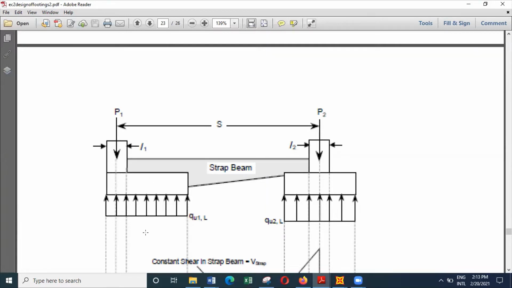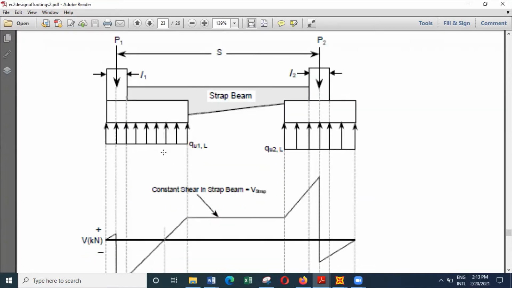And so we know R1 and R2, and because we are assuming that there is no rotation in each foundation, then we can assume a uniform pressure distribution under the foundation. And with a uniform pressure distribution under the foundation at ultimate state, and these loads also known, the distances are known, we can draw the shear force diagram.